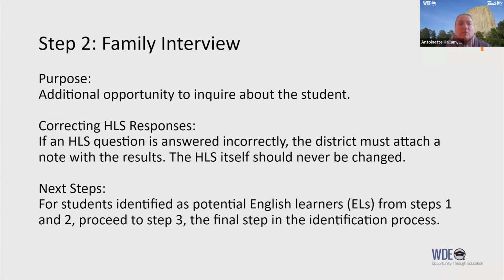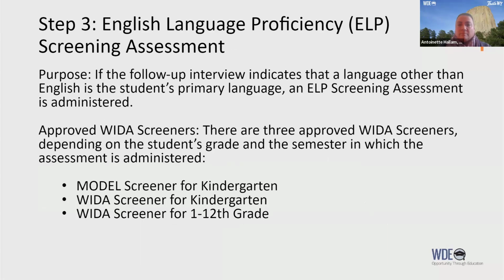If an HLS question is answered incorrectly due to a misinterpretation, the district must attach a note explaining the results. The HLS itself should never be altered. For students identified as potential ELs in steps 1 and 2, the next step is to proceed to step 3, the final step of the identification process.